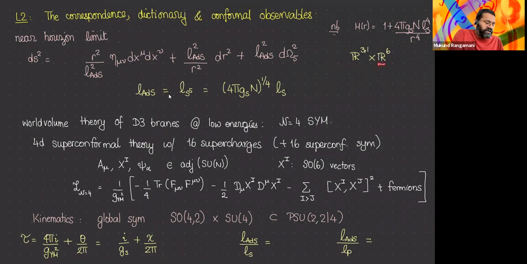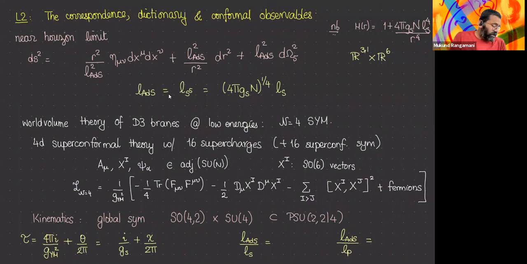There are 6 transverse directions to the D3 branes, and the fluctuations of the branes in those transverse directions are also a massless mode. So those are the 6 scalars, X^i. We'll think of them as vectors in SO(6), or really in the 6 representation of SU(4). And then there's a bunch of fermions, which also are in the adjoint of SU(N). So all the fields are adjoint valued. So everybody here is a matrix.